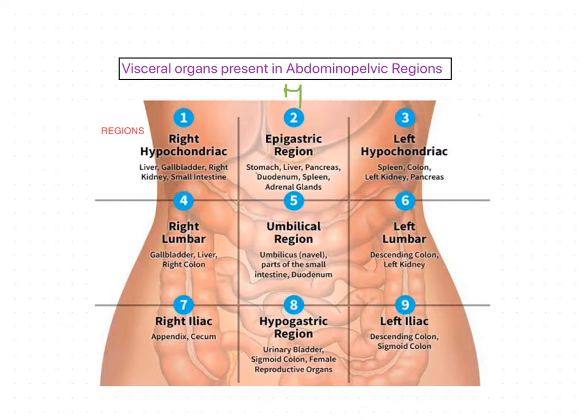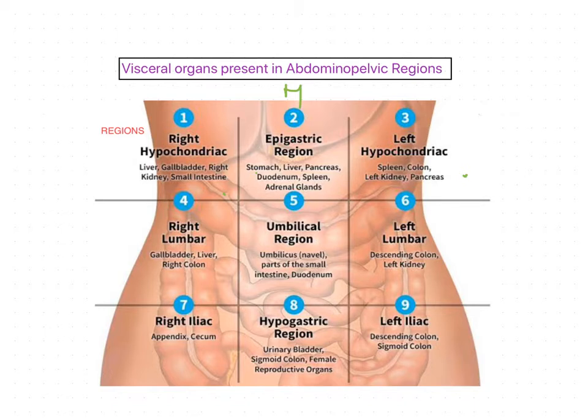Okay, now on the right hypochondriac region, the main organs occupying this area are the liver and gallbladder, and some other organs are also related, like the right kidney and small intestine. On the left hypochondrium, it mainly occupies the spleen and left colic flexure, that is the colon, and the left kidney and pancreas are also related to this region.